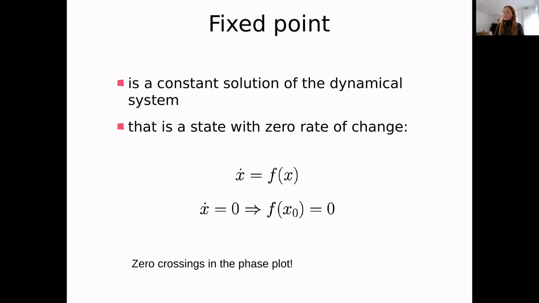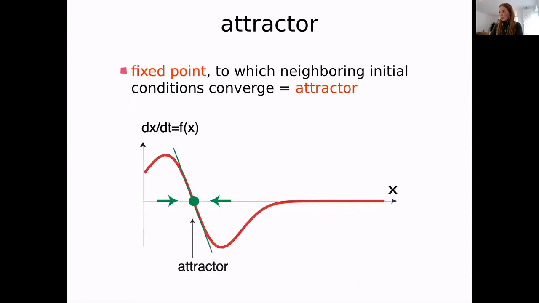So when the rate of change of our system is totally 0, then we are in a fixed point, which is a state. And we can tell them in the phase plot by finding the 0 crossings, which is kind of easy, and we already did that.